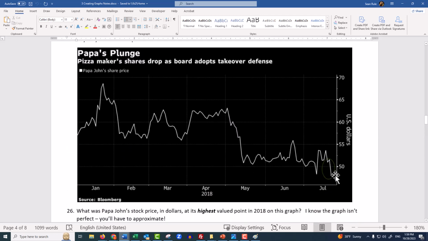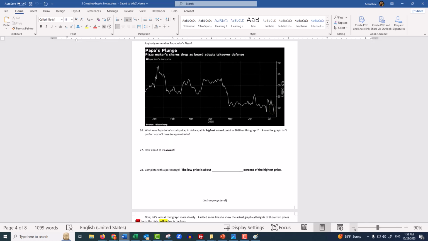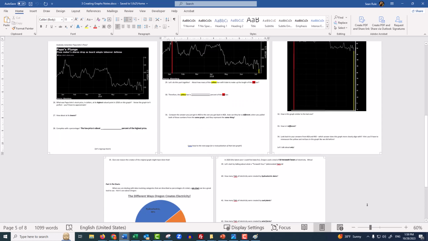You know what they said? They said 25. Because it looks like it's halfway between 50 and this, and they called this 0. Their brain assumed it was 0, but it's not. Not the way this person drew the graph. It's 45 or 46 even, maybe. So that's too far out.